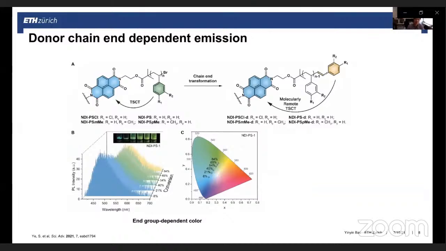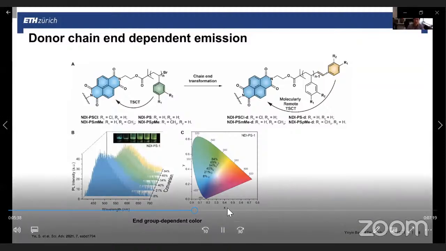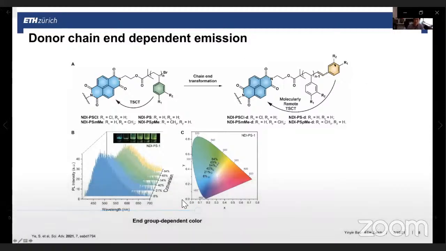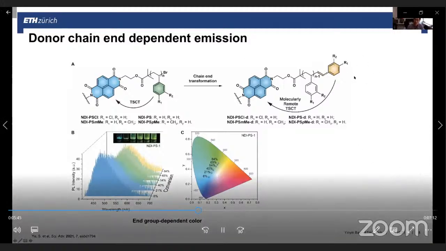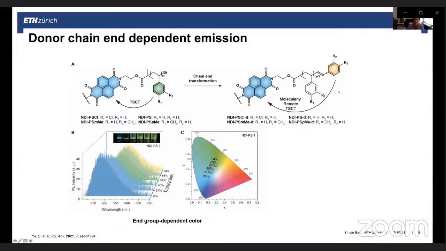We found that during some polymerizations at high temperature, the bromo group at the end of the polymer chain can be reduced, or removed, and form a vinyl benzene structure. This vinyl benzene structure can act as a stronger electron donor than the monomeric units, and induce a new through-space charge transfer state, and then alter the fluorescent colors.